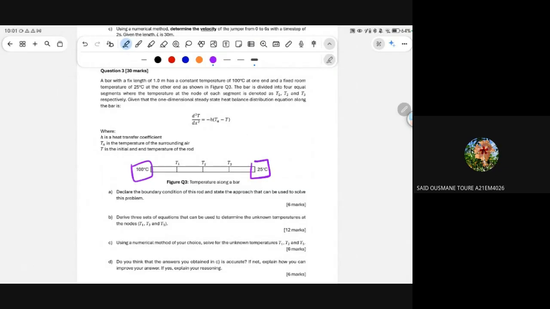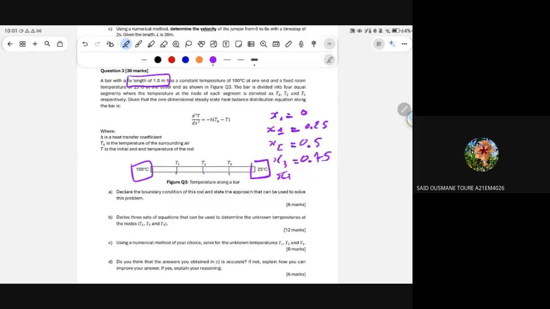So the length here, you can determine it by the fact that you already have 1 meter. So x is not unknown here. We have the x. x0 equals 0. x1 equals 0.25. x2 equals 0.5. x3 equals 0.75.